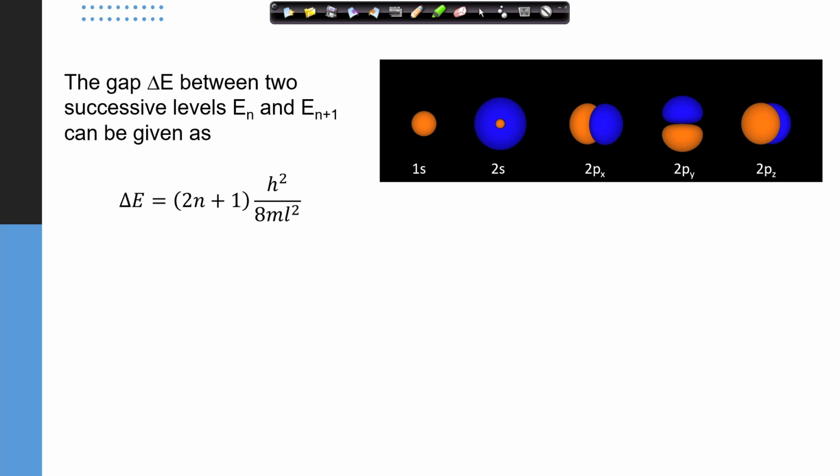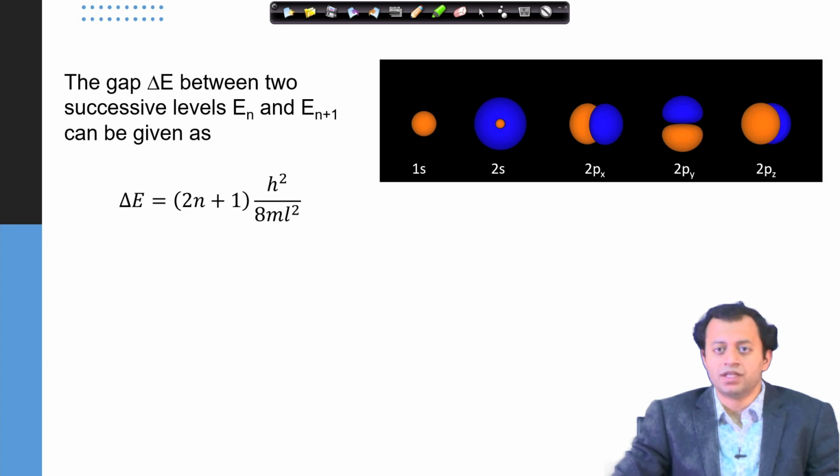Orbitals again are the probable path, the probable volume, the probable area that the electron may take with 90% certainty. There is always going to be an uncertainty level associated, and these are the orbitals that you can find: 1s, 2s, 2p, 2px, 2py and 2pz. We are going to discuss a little bit more about that.